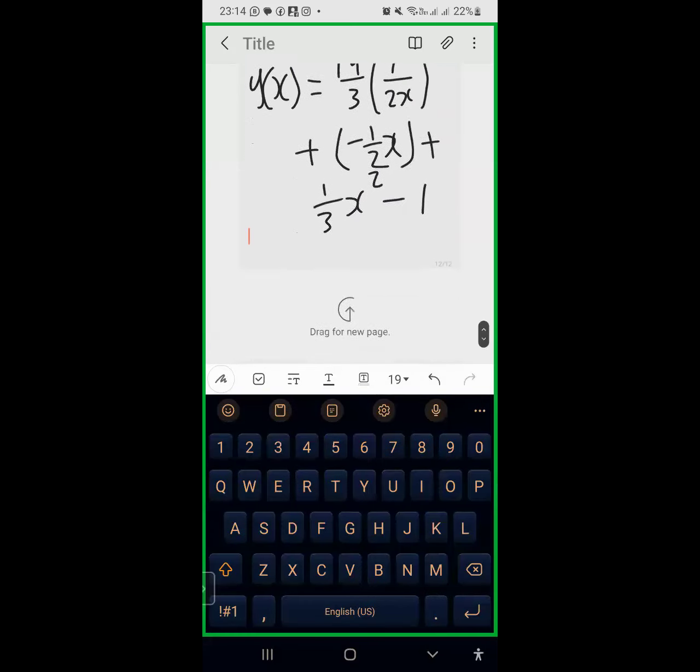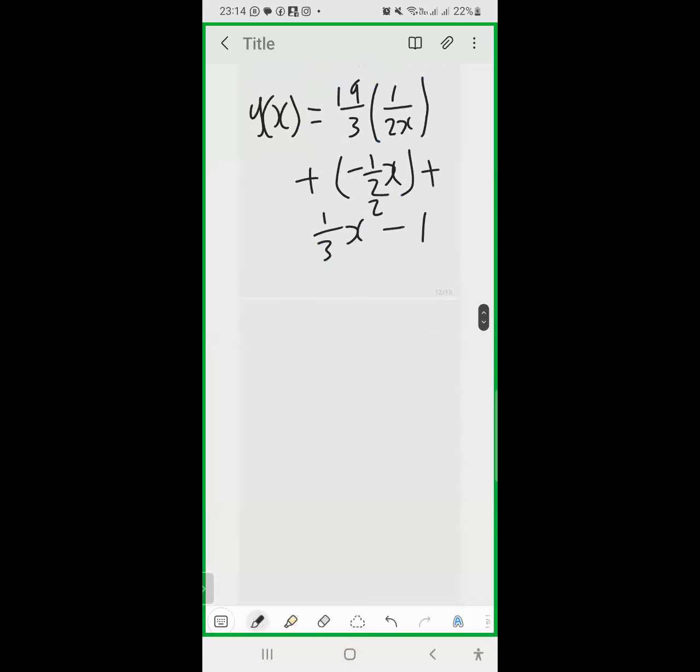Hence, the final solution to the initial value problem, y of x, will be 1 over 3x squared minus 1 over 2 x, and then 19 over 3 multiplied by 1 over 2, that is plus 19 over 6x, and then minus 1.